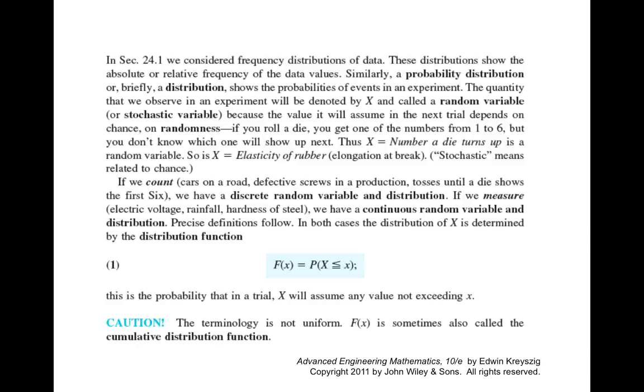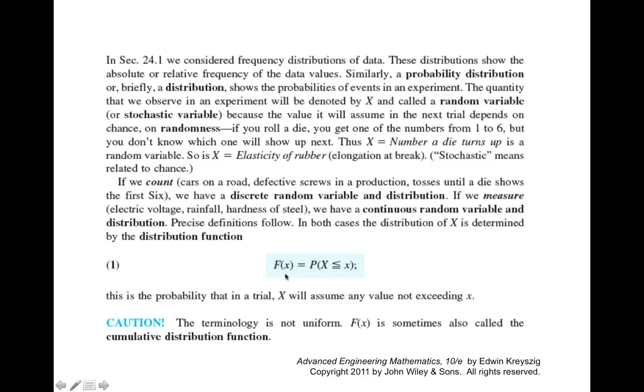Whether it's continuous or discrete, the distribution of x is defined by a distribution function. This terminology can vary from textbook to textbook and field to field, and sometimes this f of x is called a cumulative distribution function, which is in fact what I've always referred to it as, whereas a distribution function to me has always meant something different.